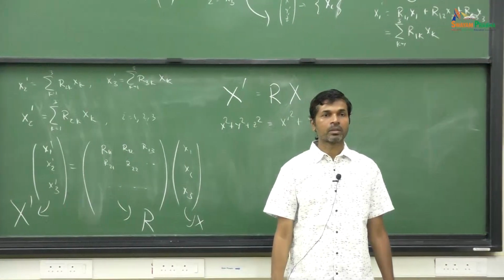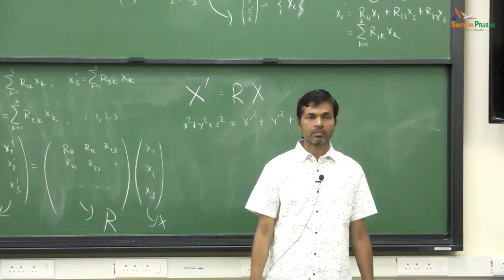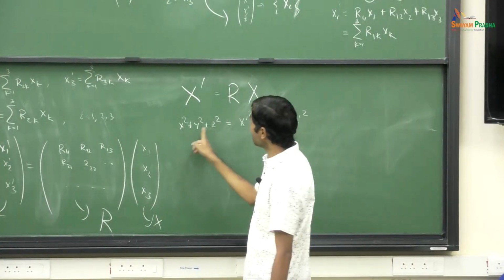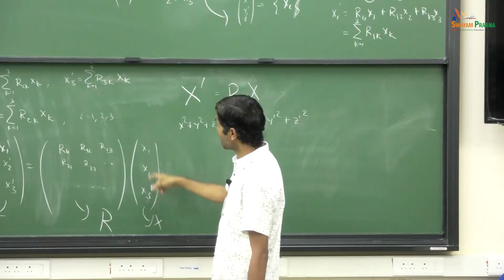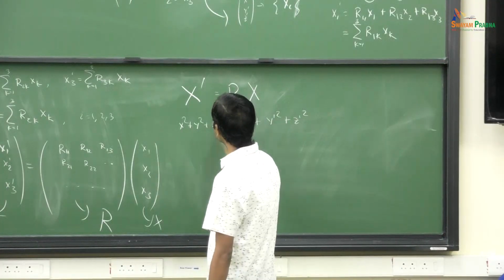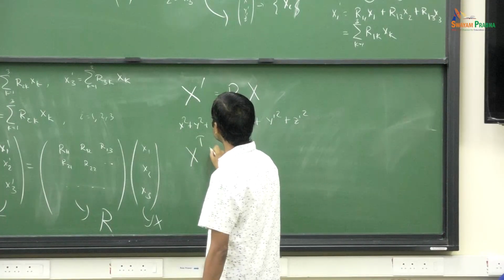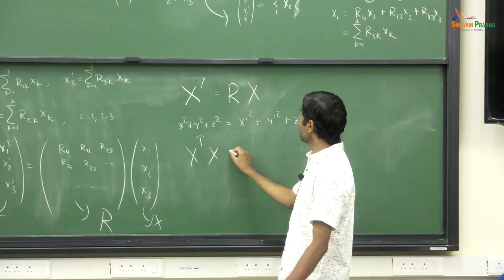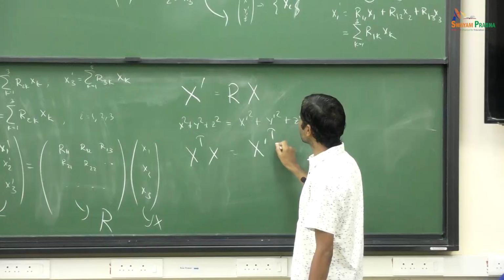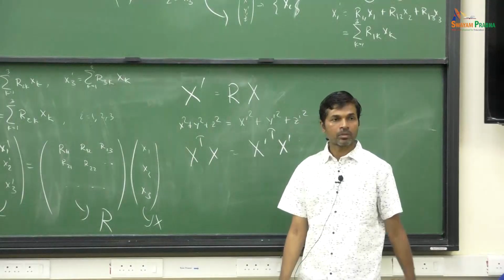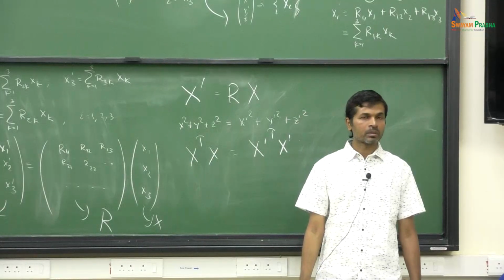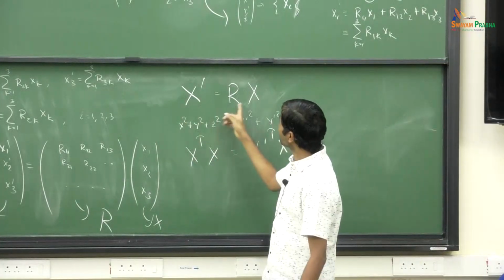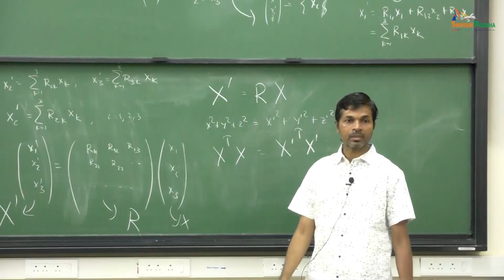Okay? All right? But this quantity is nothing but, in matrix notation, x transpose x, and this will be x prime transpose x prime. So this is how x prime and x are related.